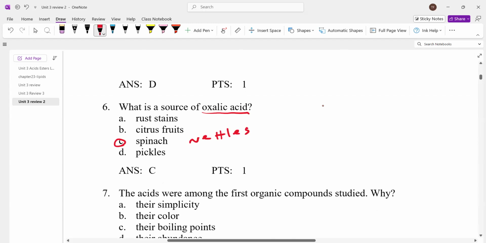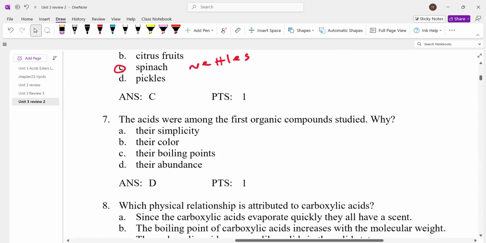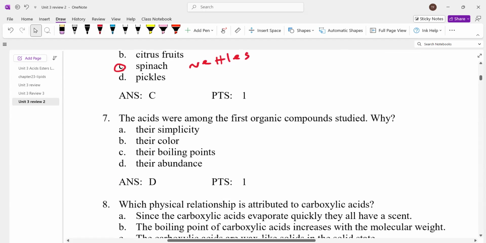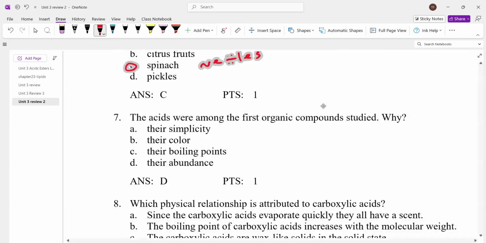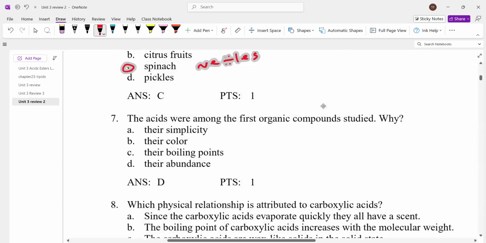And when you eat fresh spinach, you'll notice it has a slight kind of crunch to it, and that's the oxalic acid you're tasting and feeling. Okay. Why were the first organic compounds studied? Their abundance.